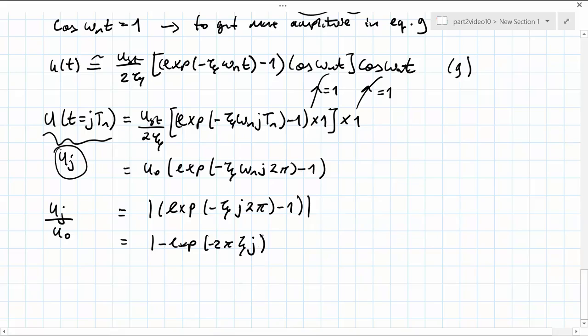This can then be plotted to get the number of cycles as shown in your lecture notes.